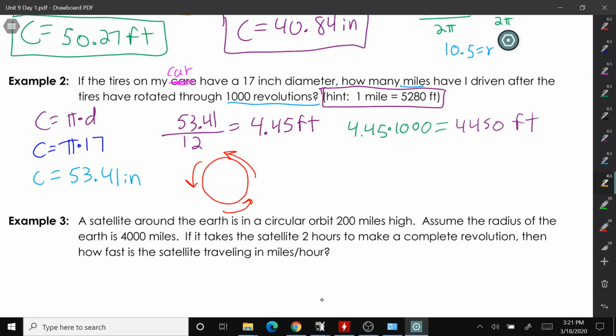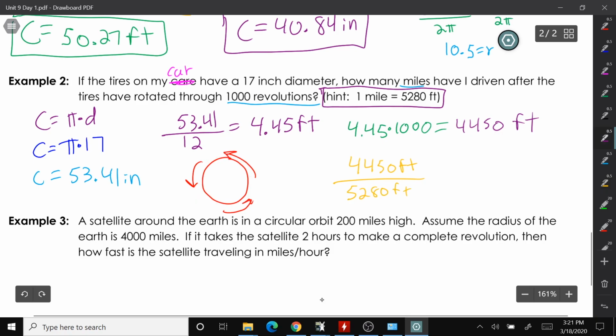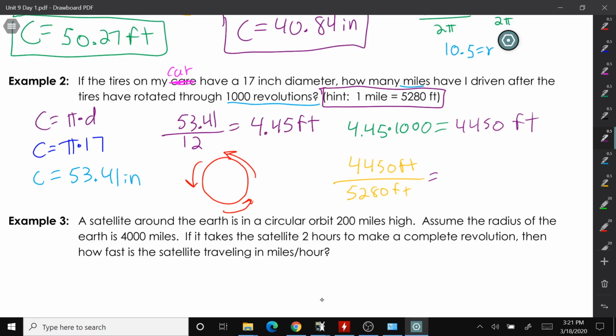Now we got to convert that back into miles. So then I will do 4,450 feet divided by 5,280 feet. That's how many feet are in a mile. And that will equal, so let me type that into the calculator, 0.84 miles.